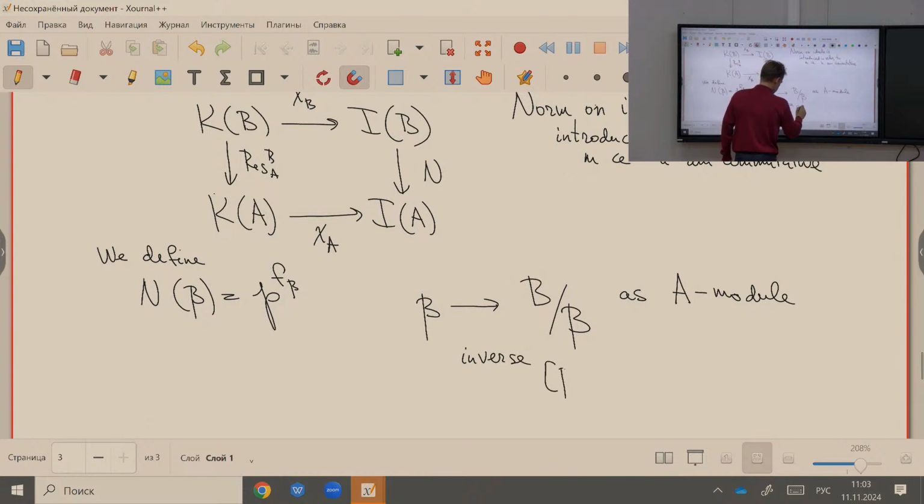So the class of beta is equal to, here in ideals you are speaking about the multiplicative group.